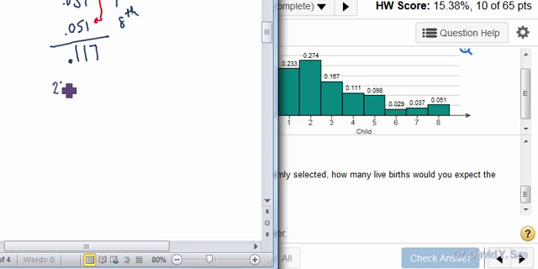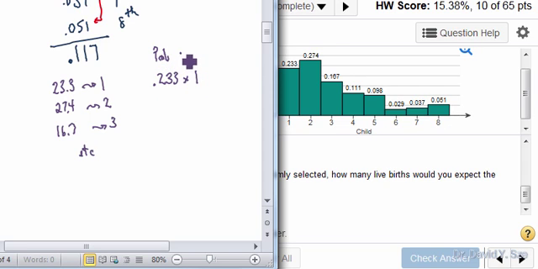23.3%: this is their first. 27.4%: this is their second. 16.7%: this is their third, etc. So what's the average value? We have to take the probability times the value. For the first one, that's easy.